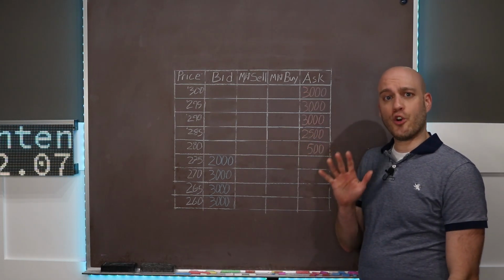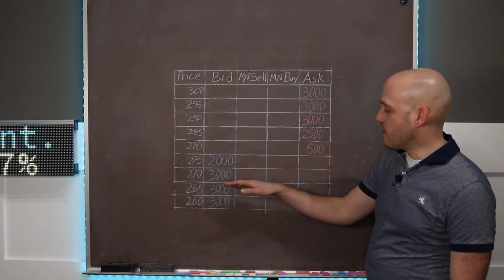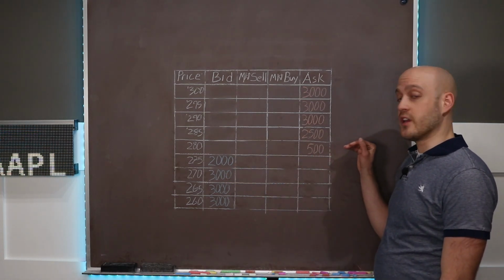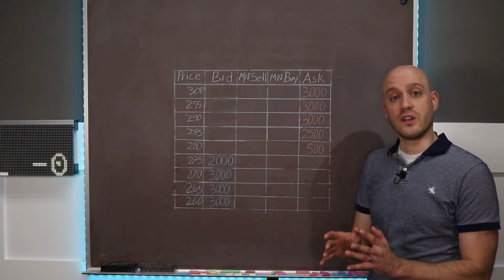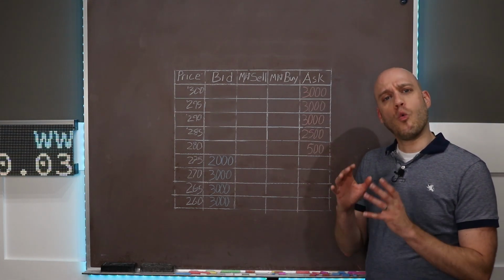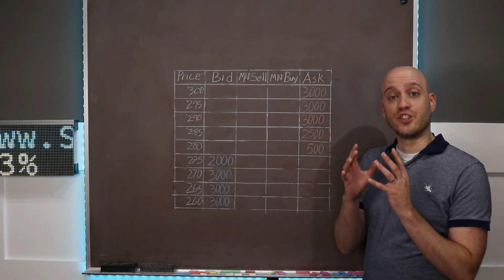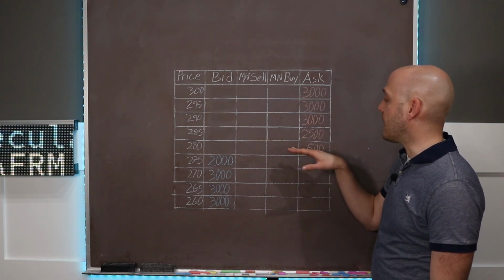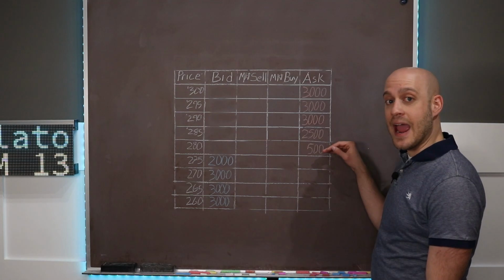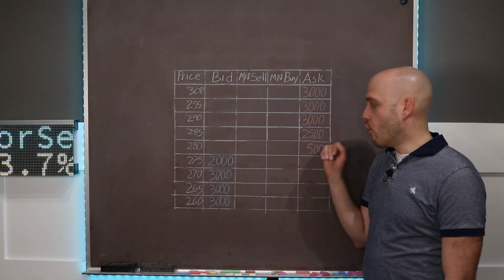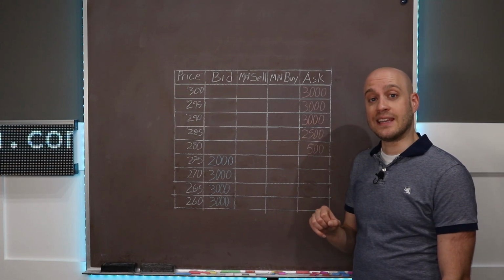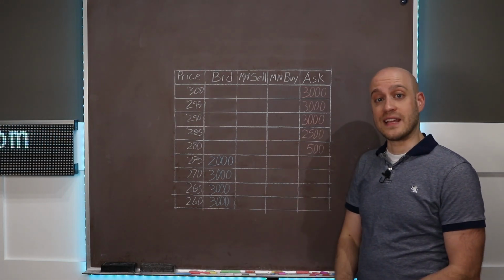So in our current example, you can see that there is a lot more on the bid with 2,000 than there is on the offer with 500. So think about it. What is more likely to happen? That 500 market buy orders come in and hit into that ask, moving price up, or that 2,000 market sell orders hit into that bid and move price down?